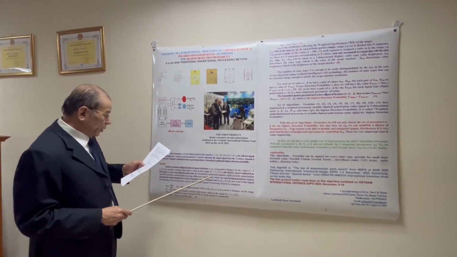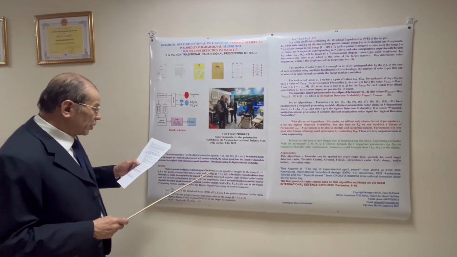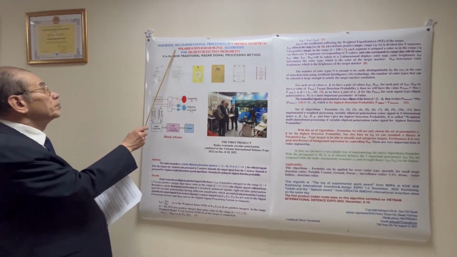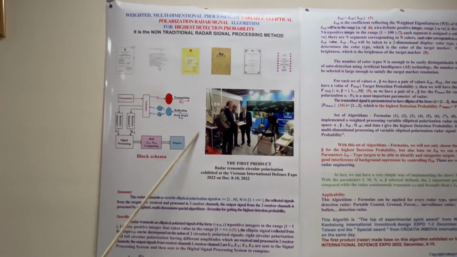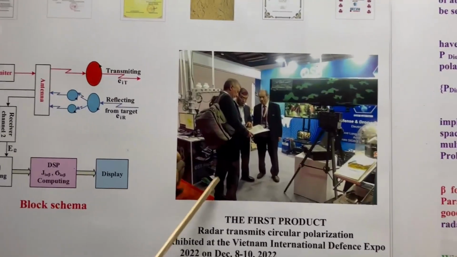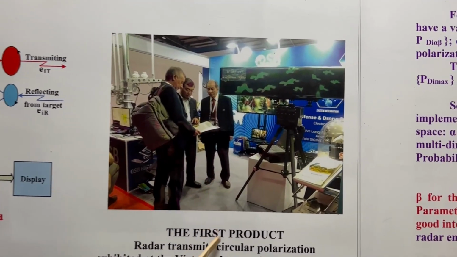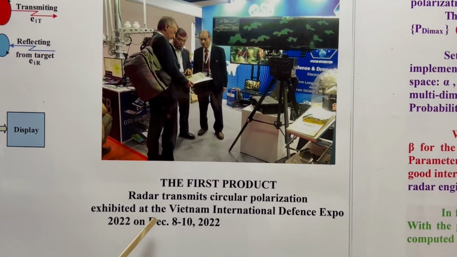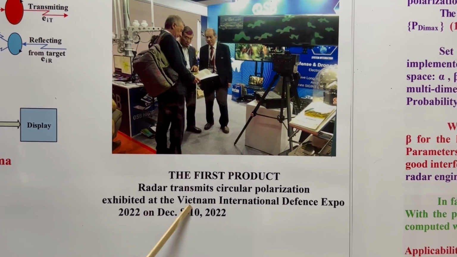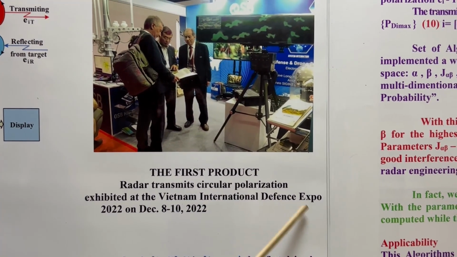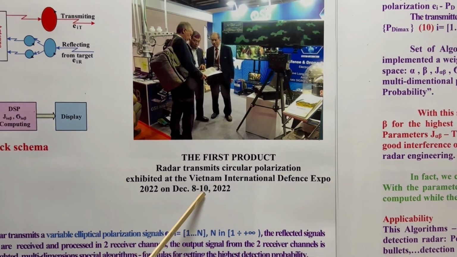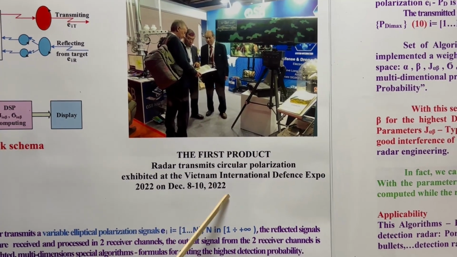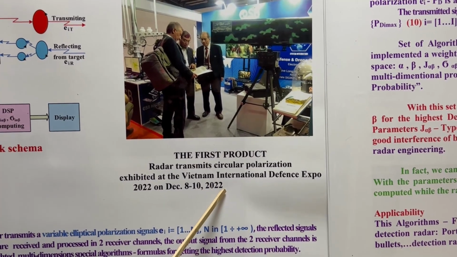Now I would like to briefly introduce this algorithm. It is the block schema, and it is the picture of the first product exhibited at the Vietnam International Defense Expo on December 8 to 10, 2022.